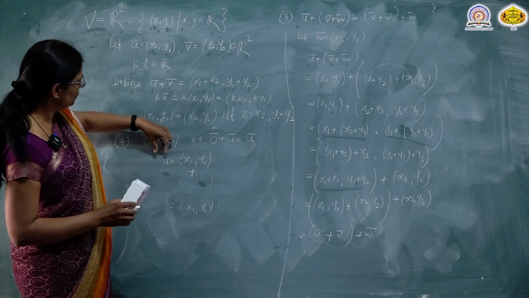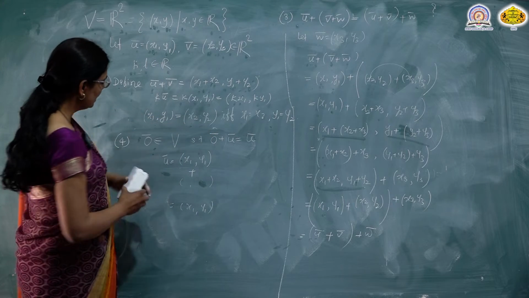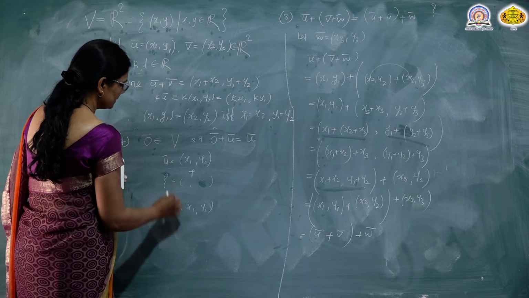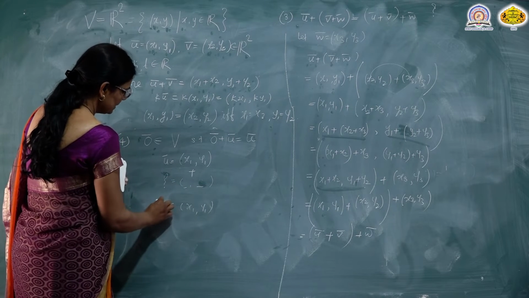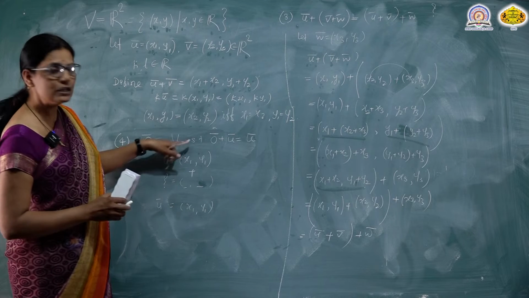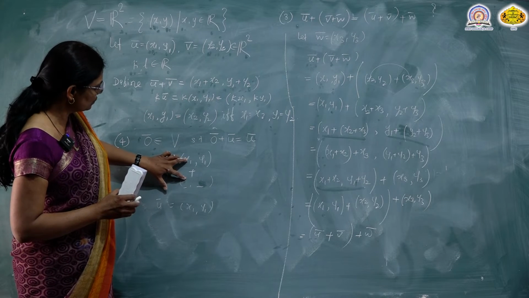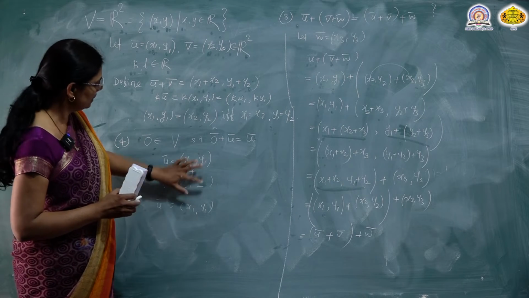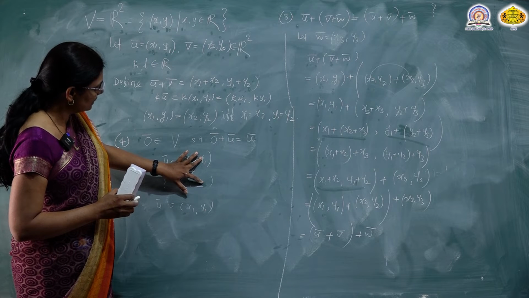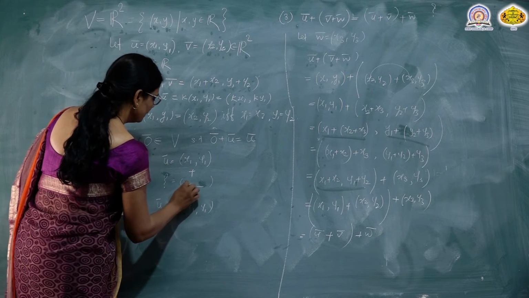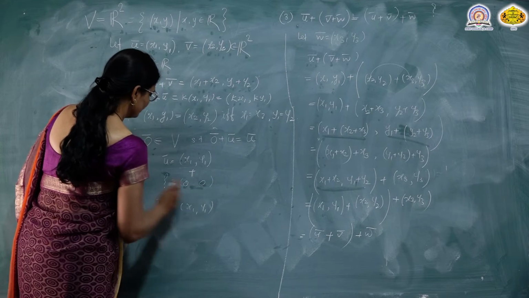So see here, U bar equals x1 y1, and we want to find this second vector such that the answer is again U bar. You can easily observe that if I put 0 here and add, the answer is x1, and y1 plus 0 is y1. So here 0 comma 0.